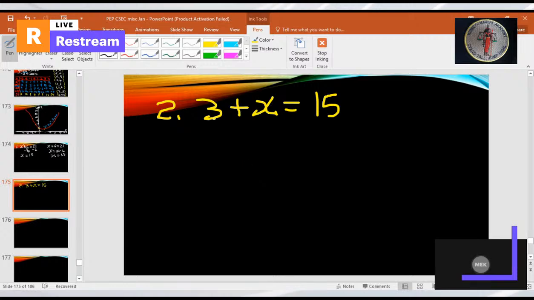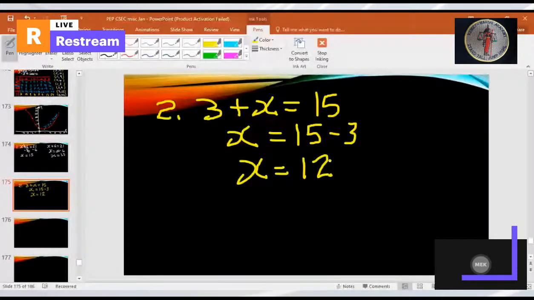It's a positive 3, so we're going to move it across over here, and the sign is going to change. So now what we get, x equals 10 minus 3, and that is 7. And if we go back into the original, if we put 7 where x is, 3 plus 7 is equal to 10.